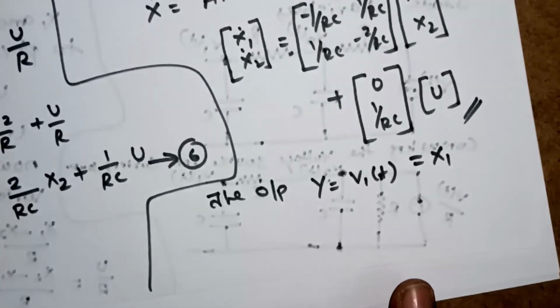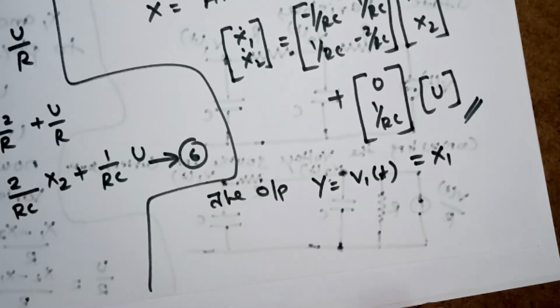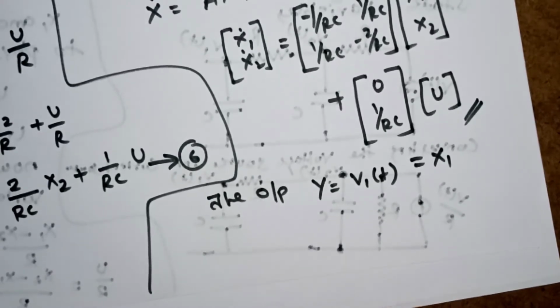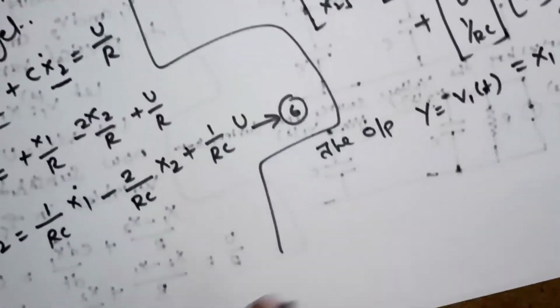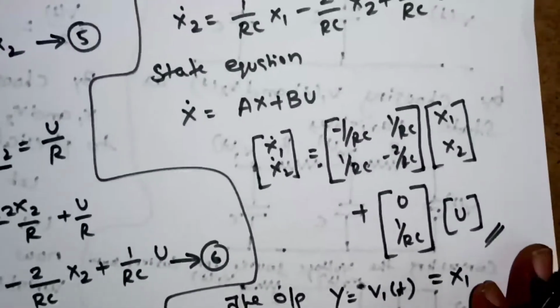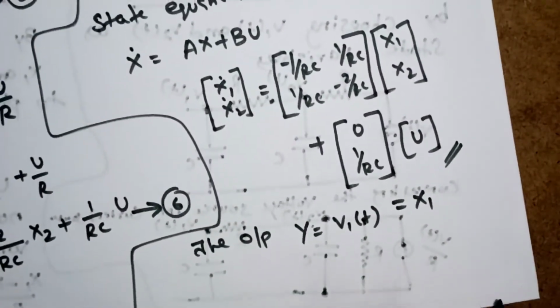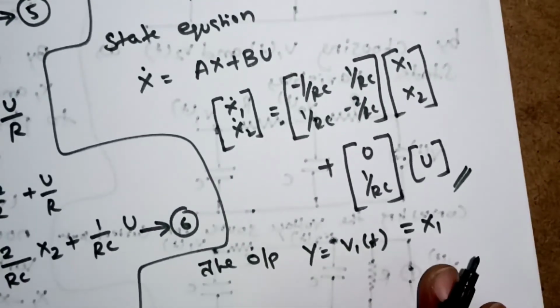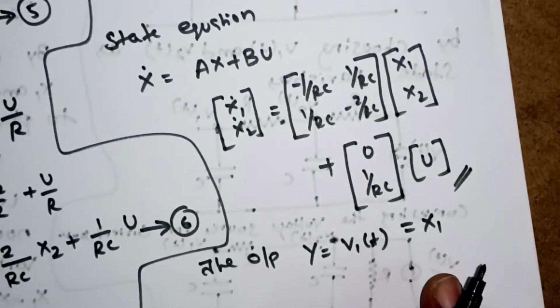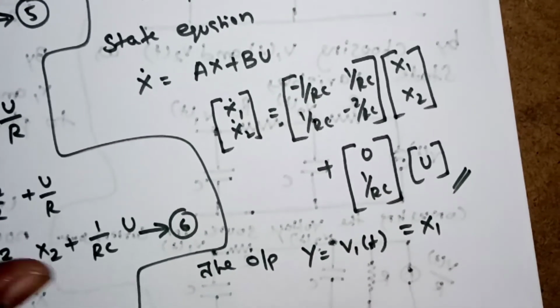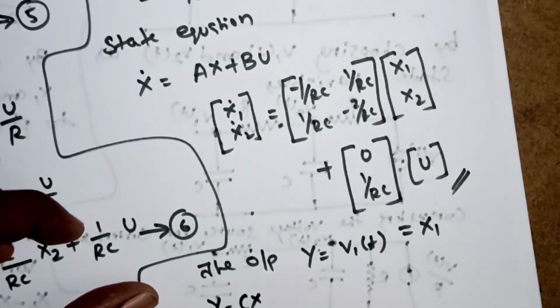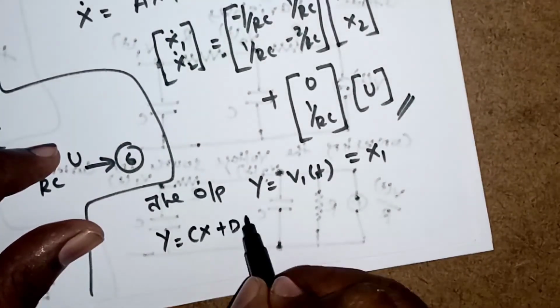From the previous derivations, we know that the output vector y of t is equal to the output vector y1, y2, like this. So we are going to find out the output vector. The output equation is y is equal to Cx plus Du.